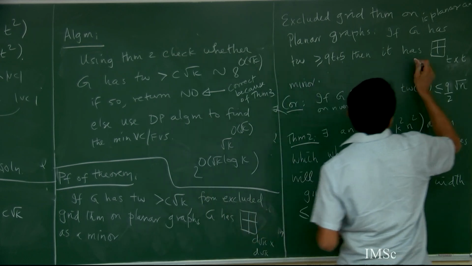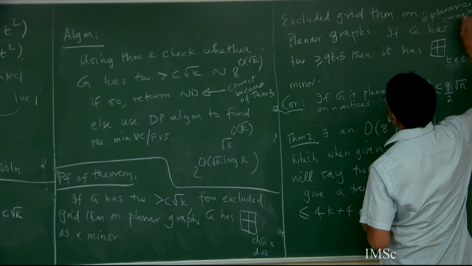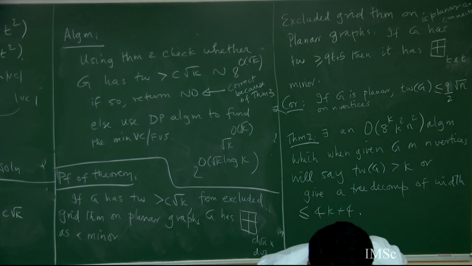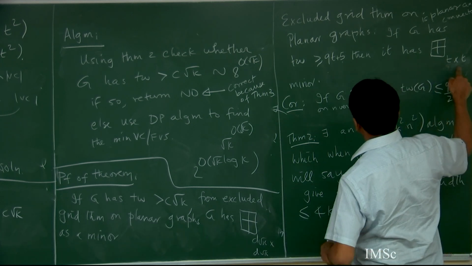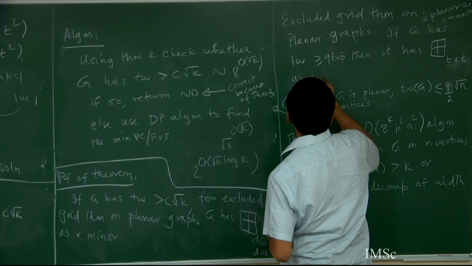So, G is planar, connected, and has tree width at least this. Then G has a T by T grid as a minor, as a contraction.